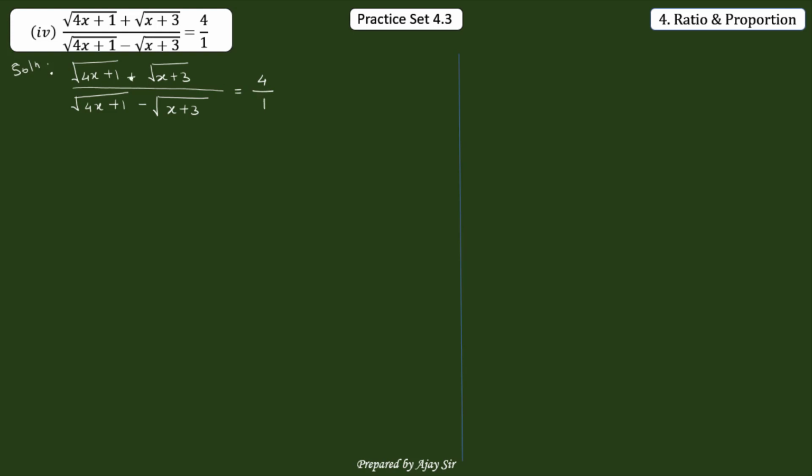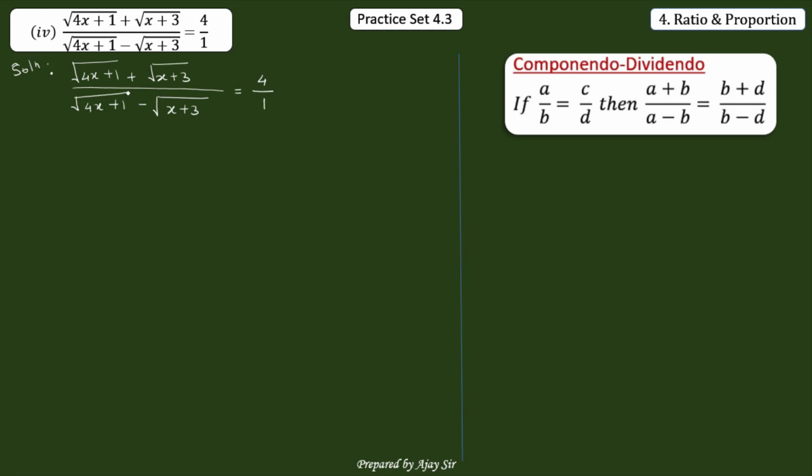Again here, like the previous one, we will use the componendo and dividendo property, cancel some terms and minimize the given equation.